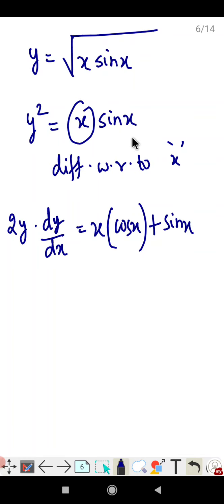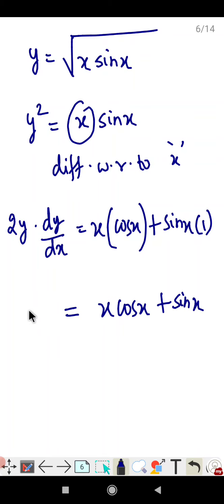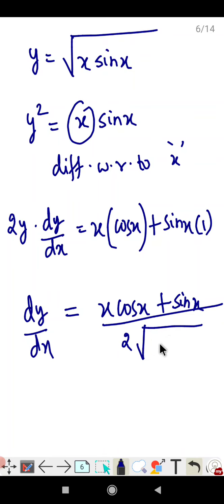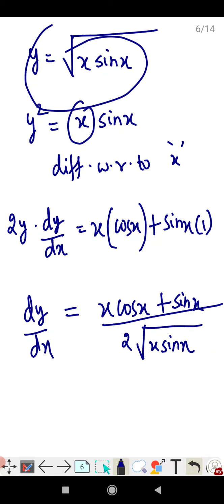So keep sin x as it is, differentiate x with respect to x, it will be 1. So which is x into cos x plus sin x. We want only dy by dx. Therefore dy by dx is divided by 2y. y can be written as square root of x into sin x because the value of y is square root of x into sin x. So this is the dy by dx.